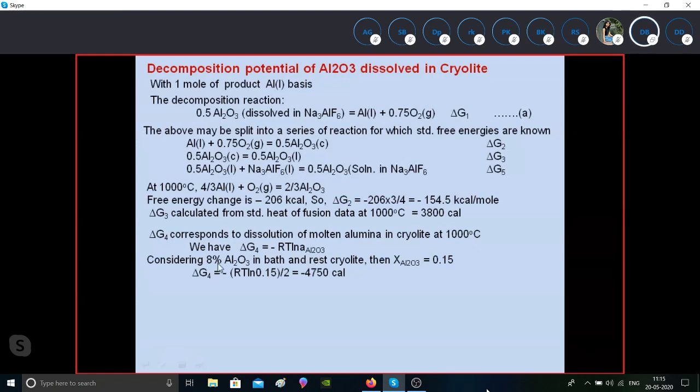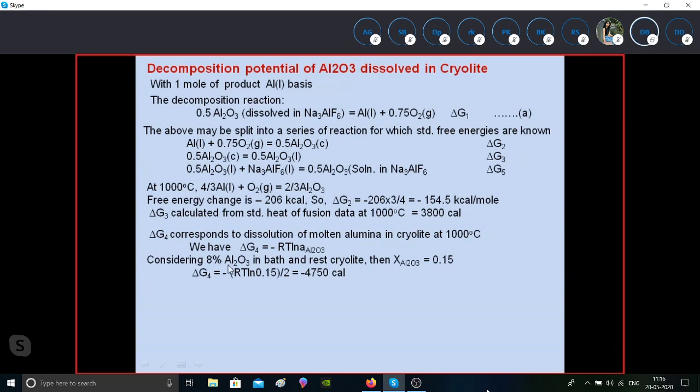This value is not unique. You can change the value of 8%. I'm just considering 8% alumina in the bath, so the rest is cryolite. If you calculate the mole fraction, the mole fraction of alumina will turn out to be 0.15.